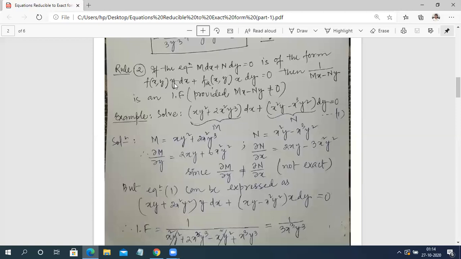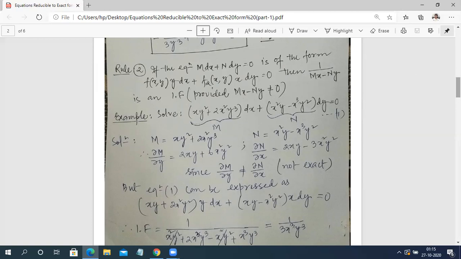If we can take y common, and it can be written in the form of f1, which is a function of x and y, into y dx, and from the second term we can take x common, and the remaining function will be again a function of x and y, and that function we denote as f2(xy), and if we can write the given function this way, then the integrating factor will be 1 upon Mx minus Ny.